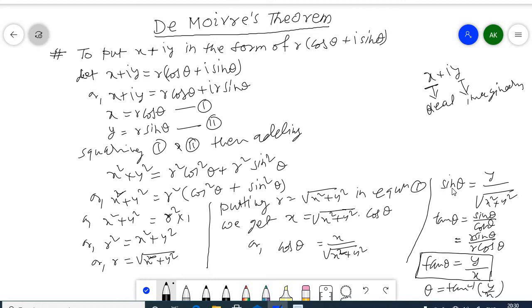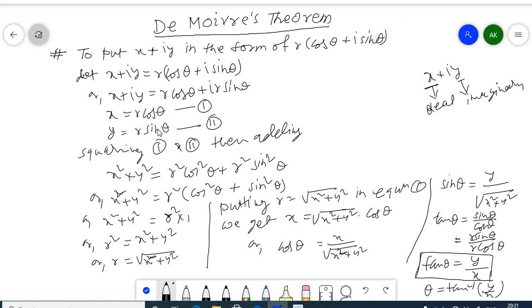And if we want to find the value of theta, then what will be the value of theta? For finding the value of theta, we find tan theta. Tan theta means sin theta divided by cos theta. If we multiply small r in numerator and denominator, then we get r sin theta in numerator and r cos theta in denominator.